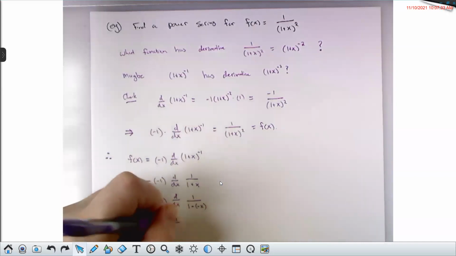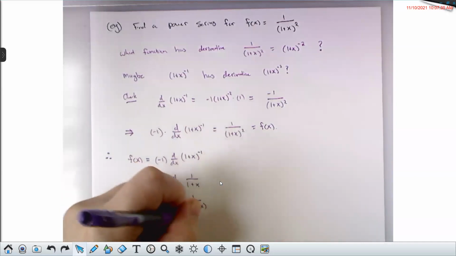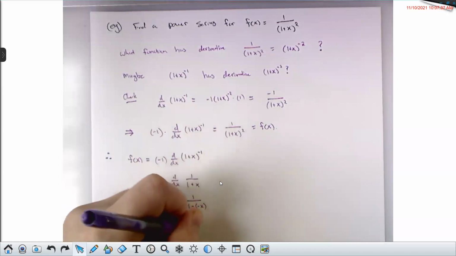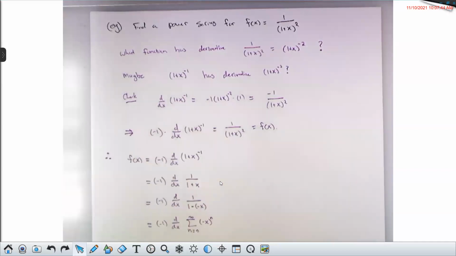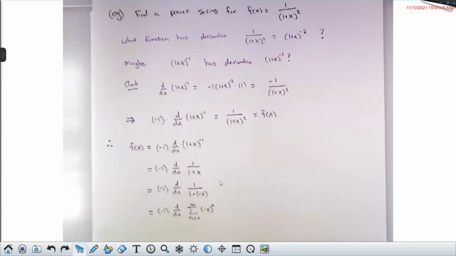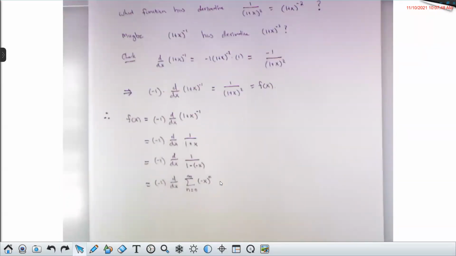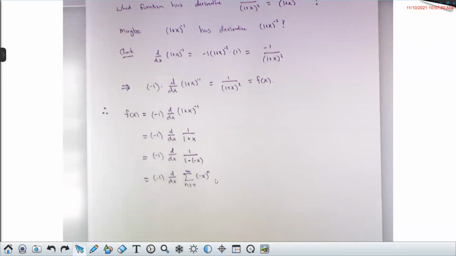This is -1 d/dx of the sum from n equals 0 to infinity of (-x)^n. And before I can differentiate that power series, I need to simplify it a little bit. I don't know how to differentiate stuff like this. I need to get rid of the negative inside.